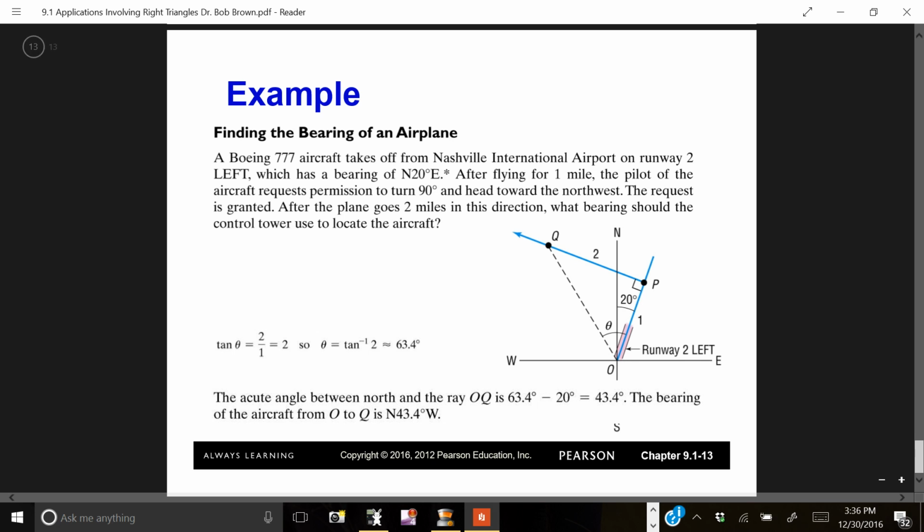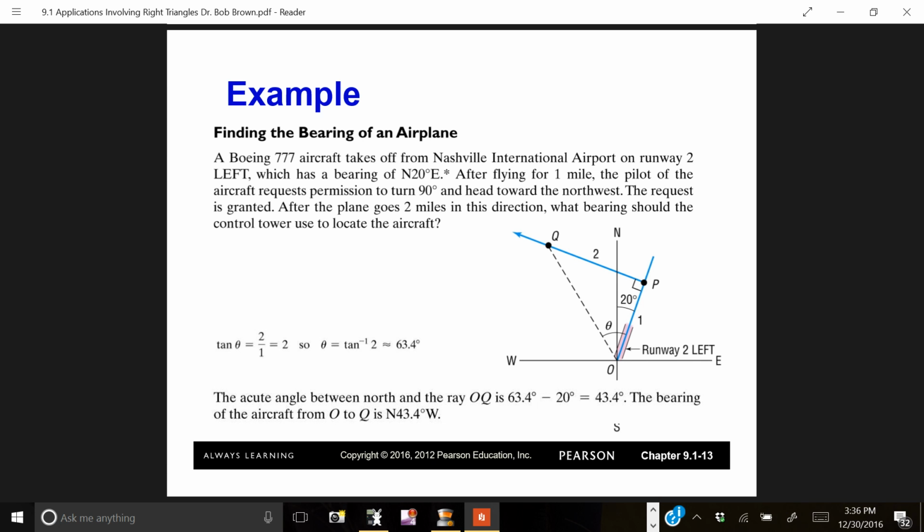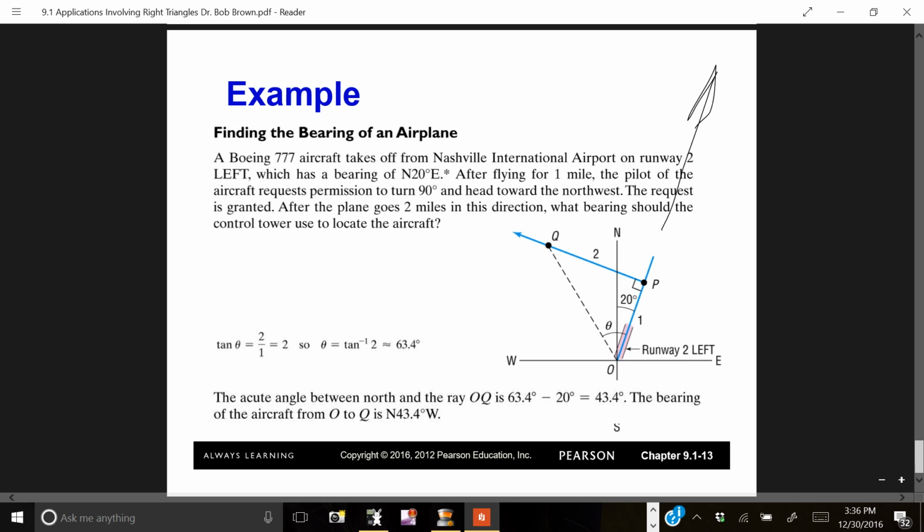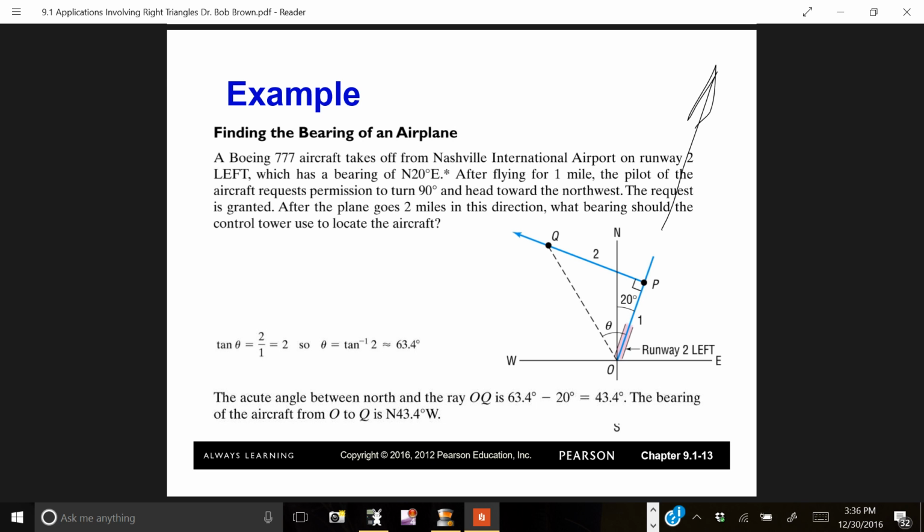Now here's an example we want to work. We want to find the bearing of an airplane. It takes off from Nashville International Airport and goes on a bearing of north 20 degrees east. So it takes off in this direction, 20 degrees towards the east, away from the north.